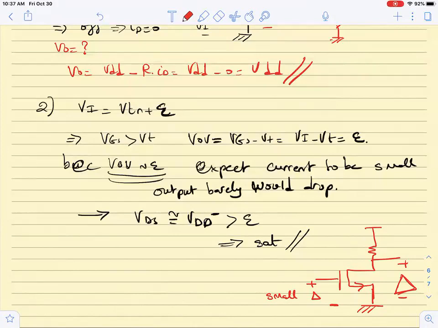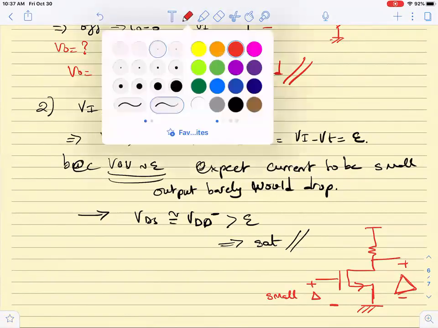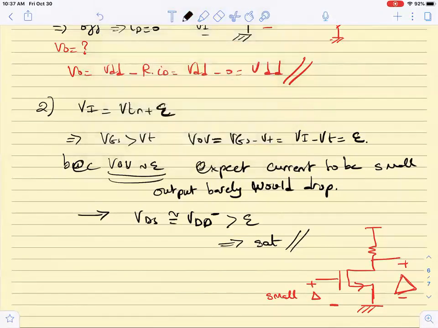The larger the input is for this type of circuit, the more current I will pull and therefore the output will be very small. Okay, now if we agree that when the input is epsilon the output is still high and therefore I am in the saturation region, in this scenario we can say that ID is equal to half K prime W by L, or K times (Vn minus Vt) all squared.